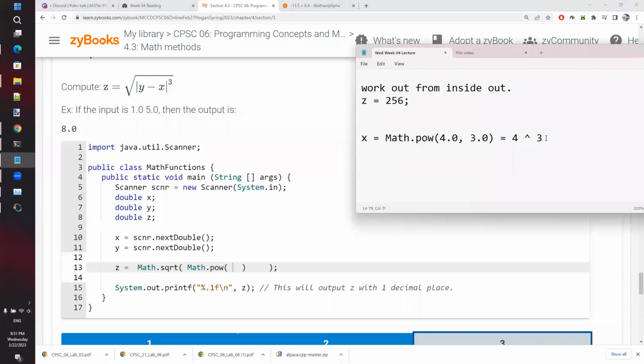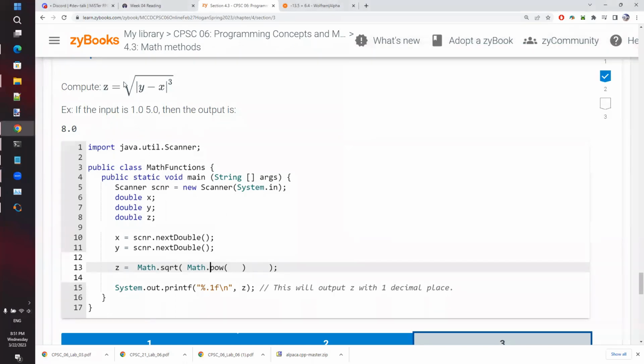I know that this is not Java, but we usually use the caret for exponents in most other things. So hopefully that makes sense. So inside the square root is a power of 3. I don't know what the first thing is in that power, but I know the second thing should be a 3.0.